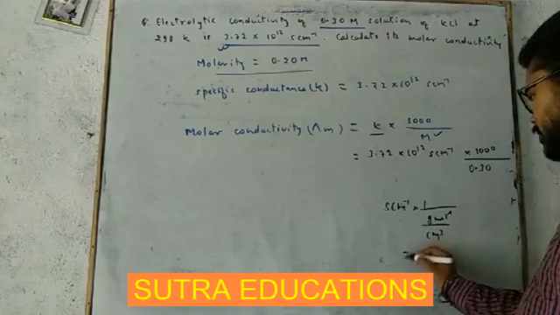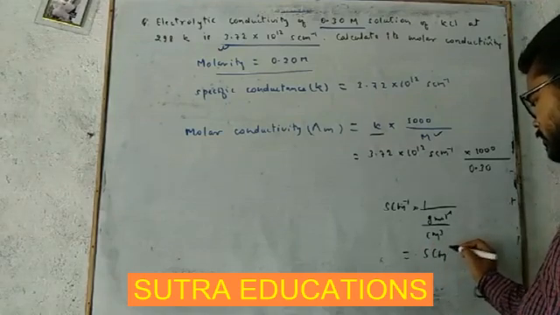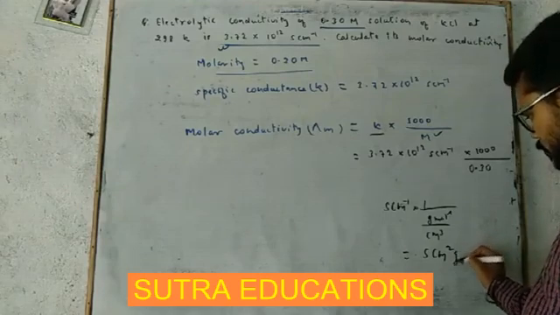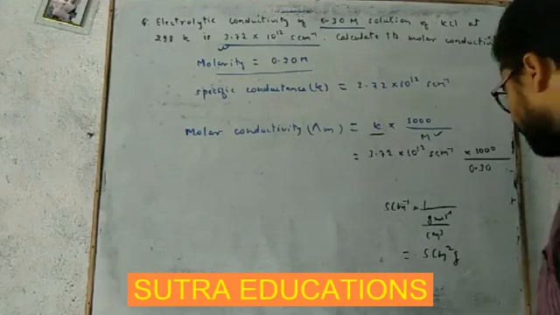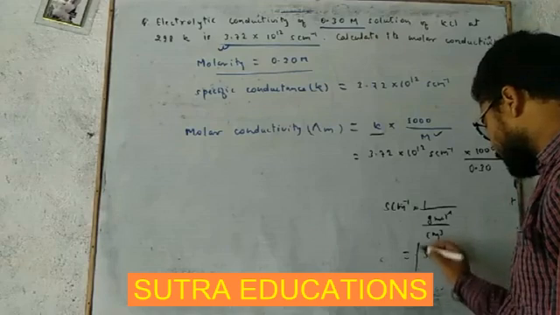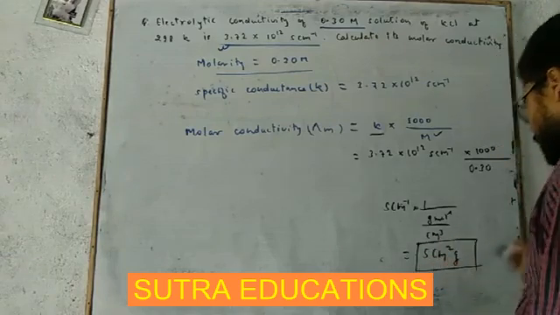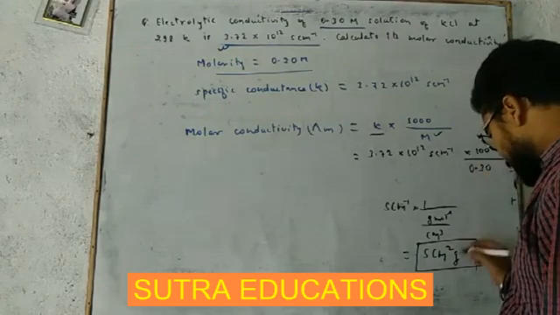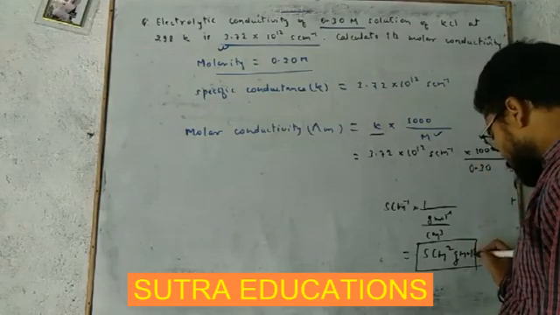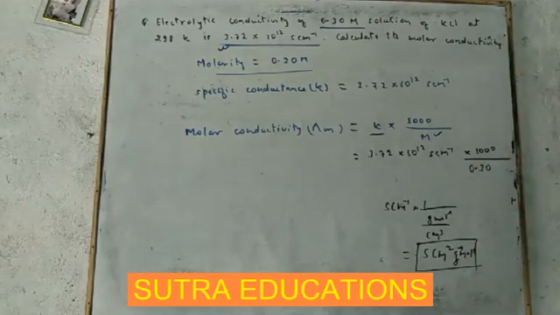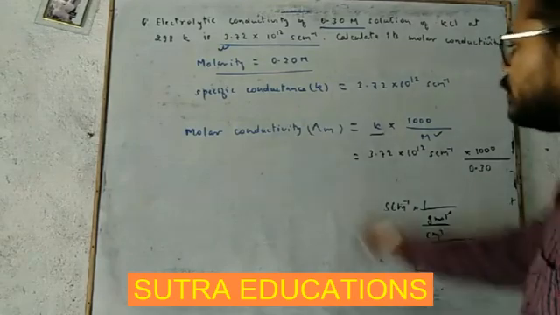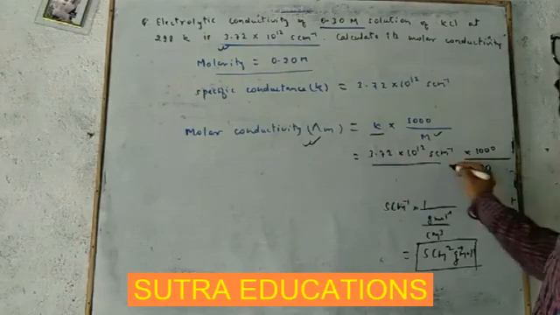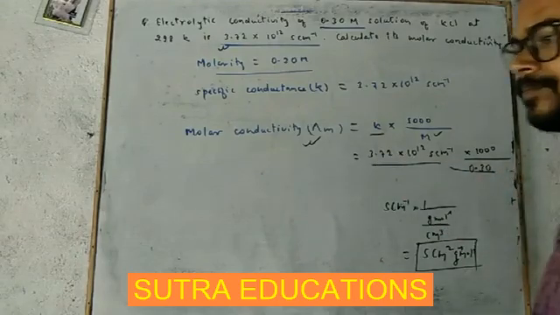So you will get Siemens centimeter square gram mole inverse. This will be the unit of molar conductivity. Come to next question. Just calculate this value. Solution is there. Okay.